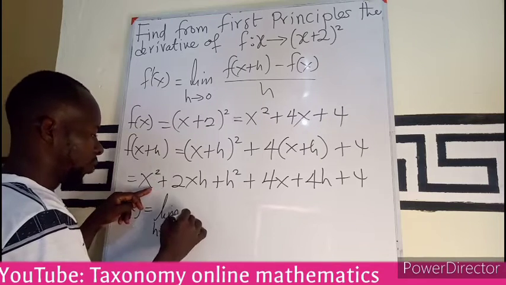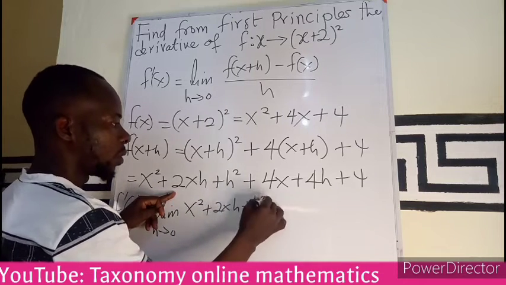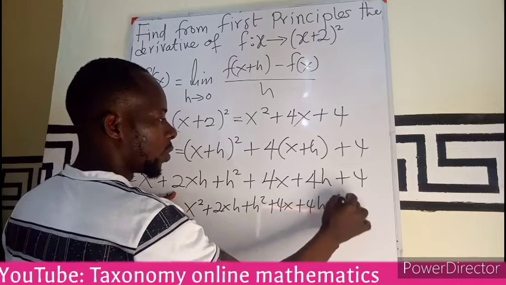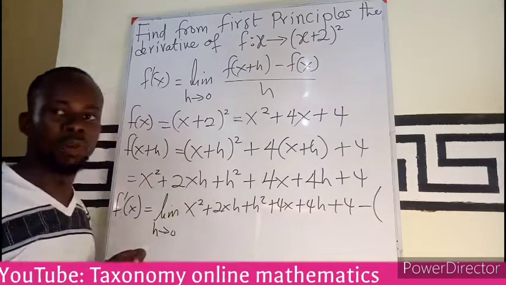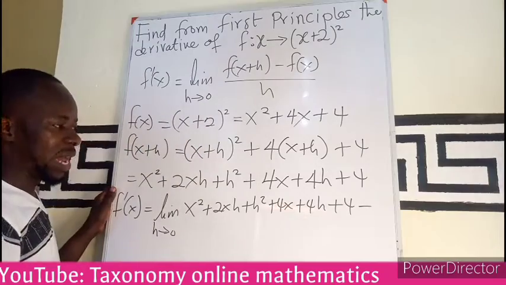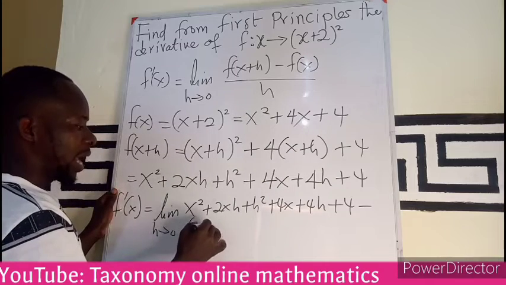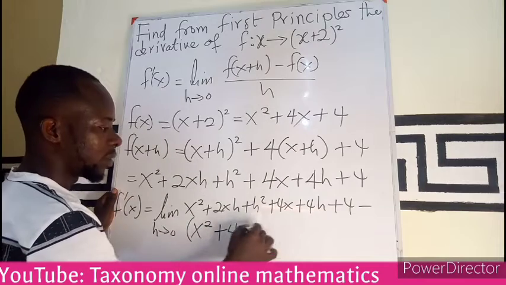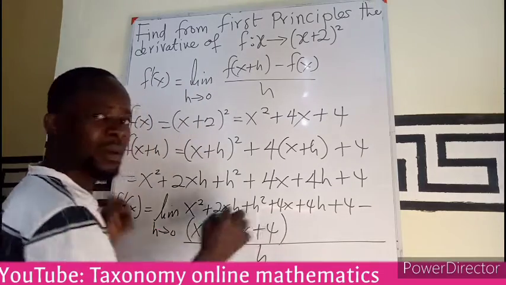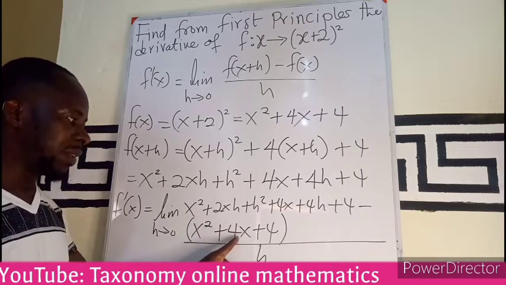The whole of this is going to be x squared, minus into bracket. So I'm bringing that aspect down. So that minus is going to be the whole of this, x squared plus 4x plus 4, bracket close, all this divided by h.